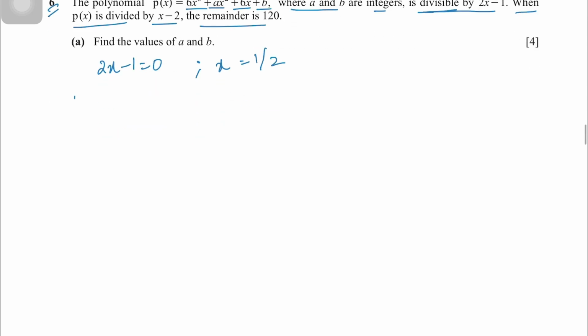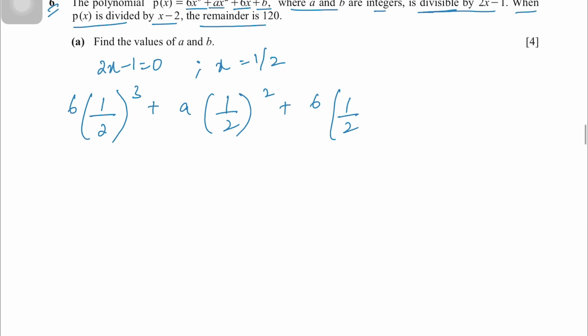So let's plug it in. So this would be 6 times 1 over 2 whole cubed plus a times 1 over 2 whole squared plus 6 times 1 over 2 plus b equals 0 since it's divisible. So this would look something like, can we take 6 as common?